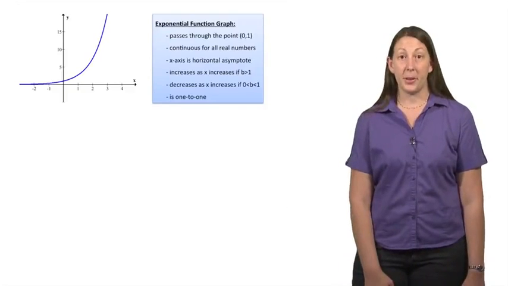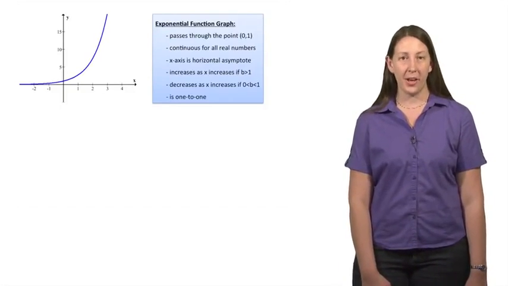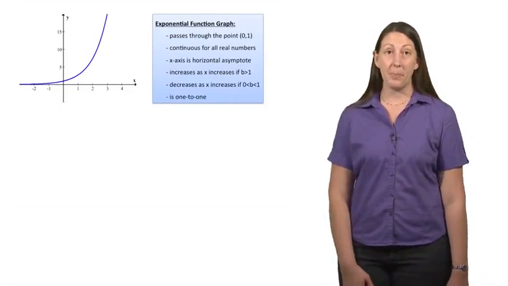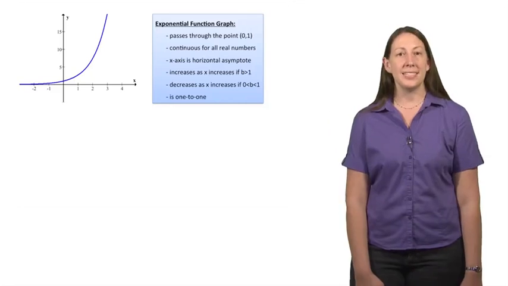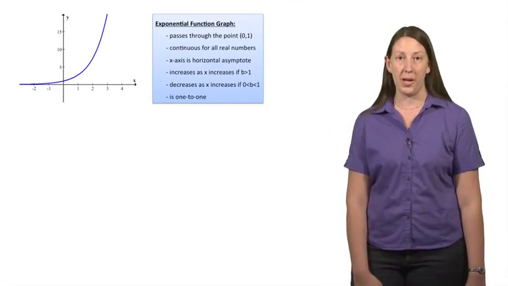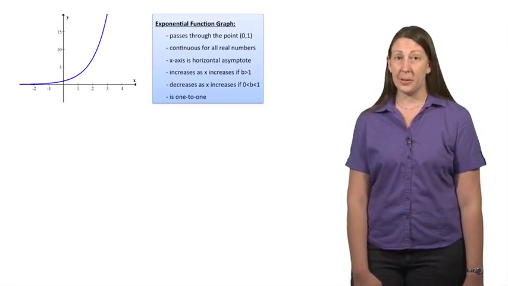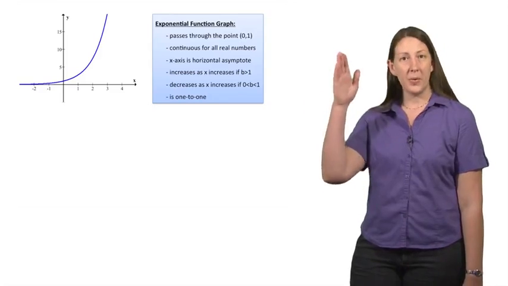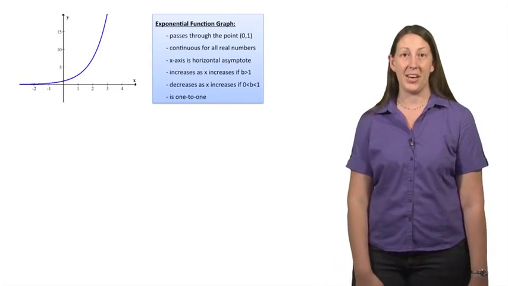We can also consider the properties of the graphs of exponentials and logarithms. Here I've shown you an example of an exponential graph. This is if the value of a, or the base of the exponential, is greater than 1. If the value were between 0 and 1, the function would just be going down to the right and increasing on the left.